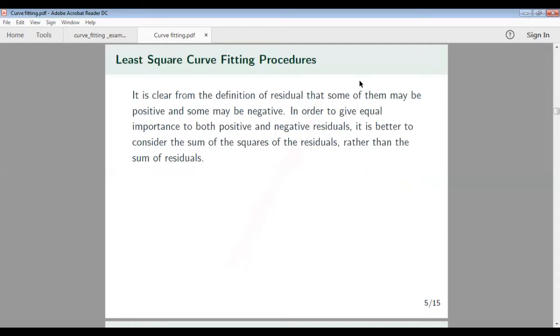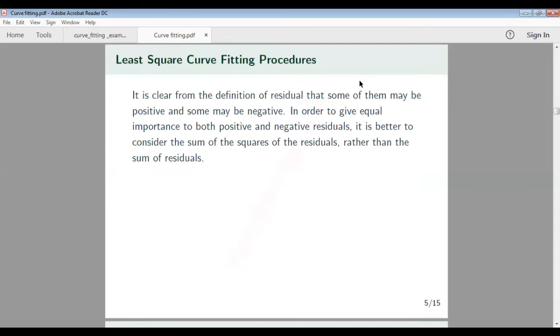So in order to give equal importance to the positive as well as the negative residuals, we take the squares of all the residuals rather than taking the individual residuals as such. We take the squares of the residuals and add them together.